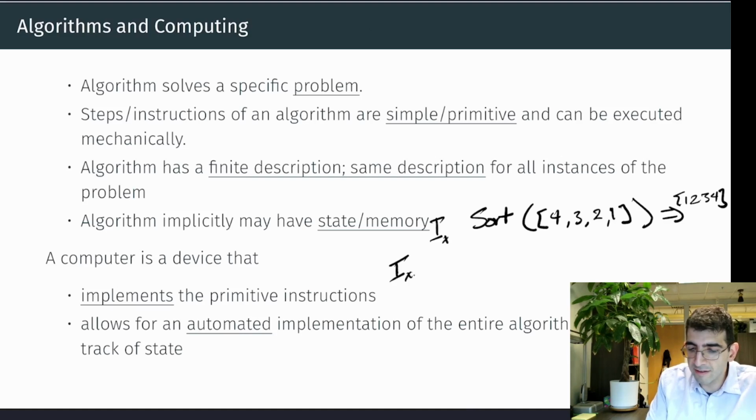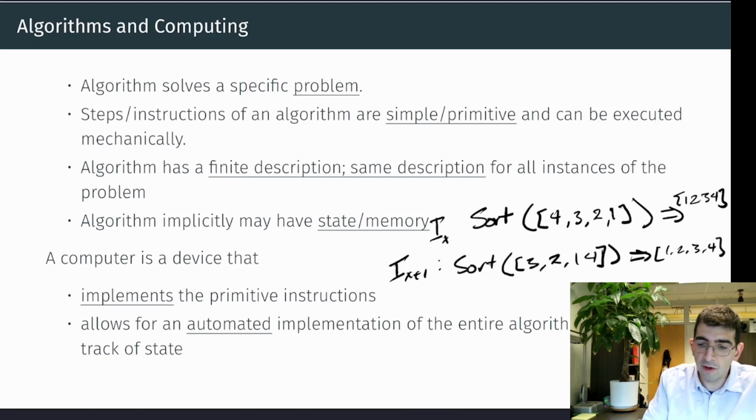This is another instance of a problem. Let's call it x plus 1, which is sort. Let's make up a random 3, 2, 1, 4. And in this case, the expected output of this instance is again 1, 2, 3, 4.